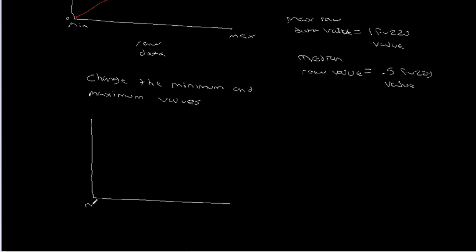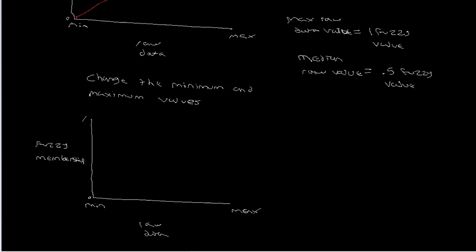We have our minimum and our maximum from the raw data, and then we have our fuzzy membership going from 0 to 1. The idea here is that by changing the minimum and the maximum values, we can define a new set of start and stop points for linear interpolation.